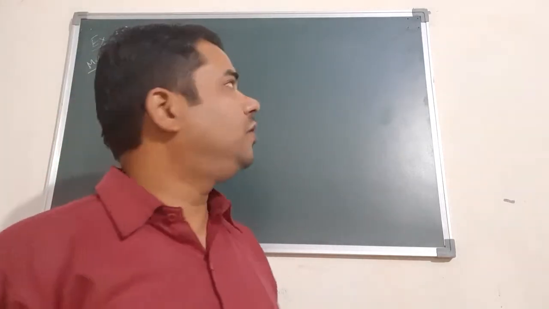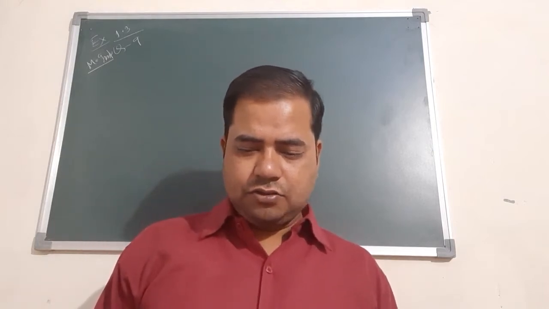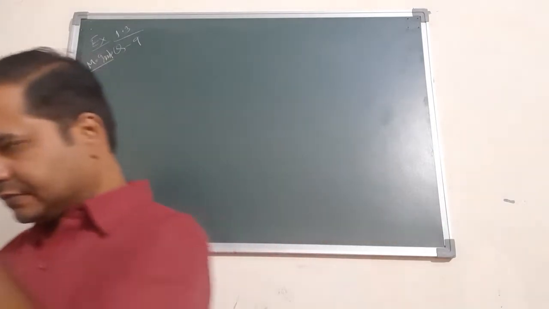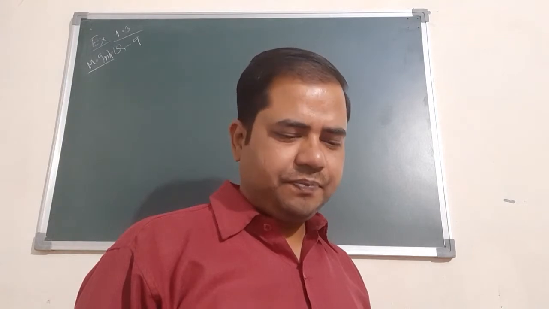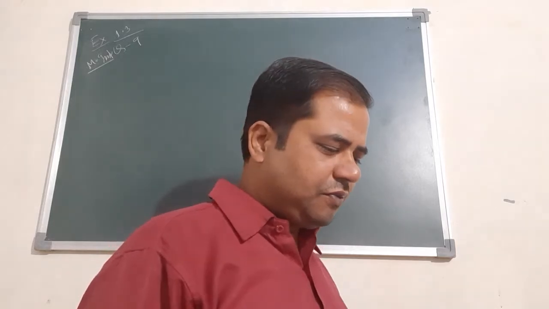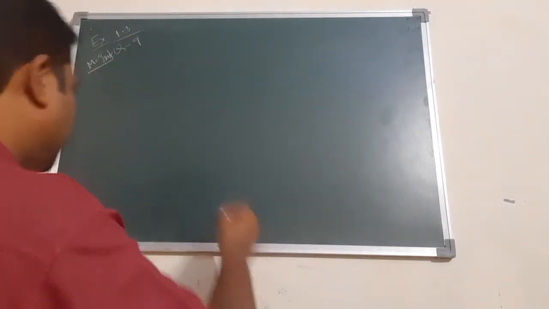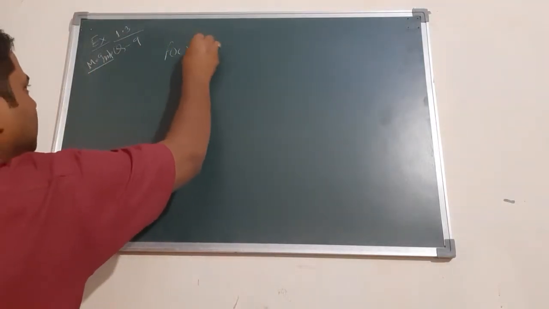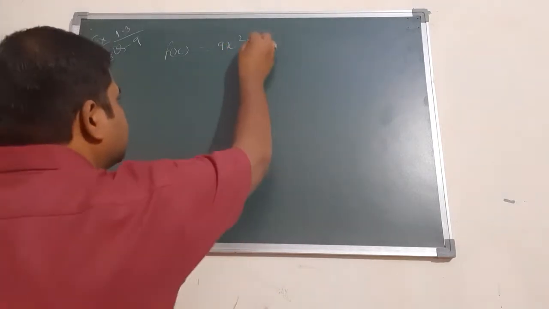Question number 9 from 1.3. Consider f from R plus to minus 5, infinity, given by f(x) is equal to 9x square plus 6x minus 5. Show that f is invertible with f inverse of y equal to root of y plus 6 minus 1, divided by 3.